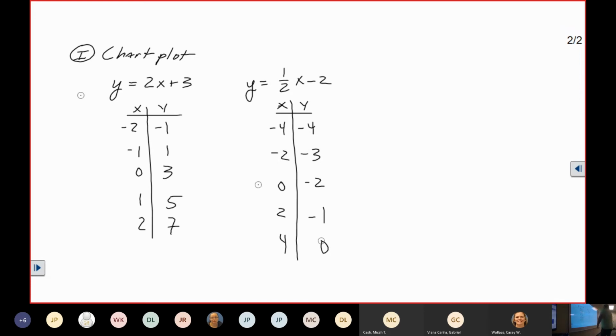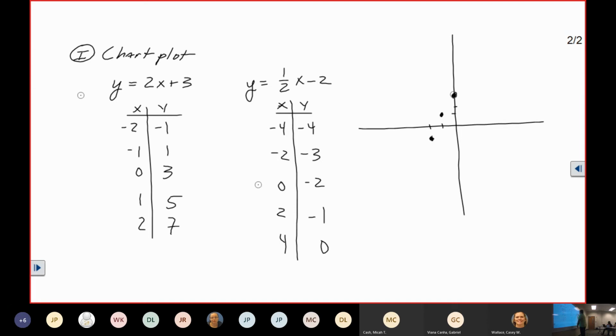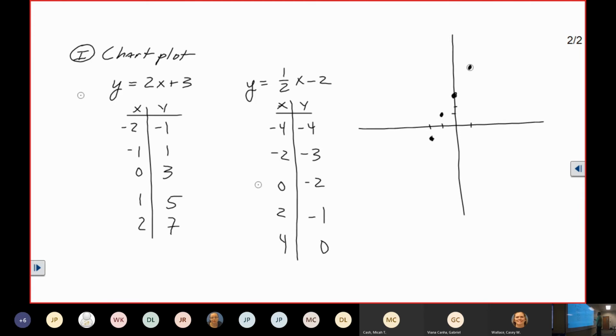And you plot the points. So the first line is -2, -1. -1, 1. 0, 3. And 1 and 5. And 2 and 7. And of course, you see that you got a line like that.